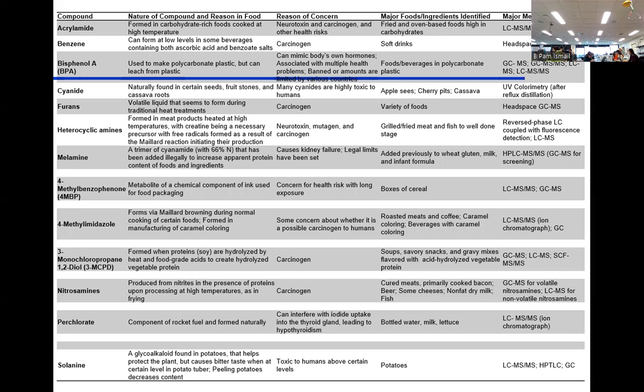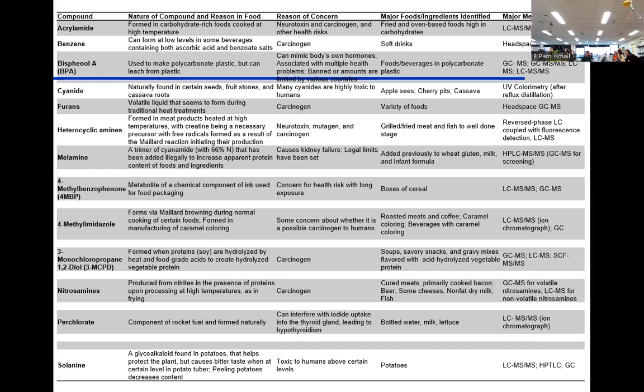One thing I didn't mention is heterocyclic amines. This has been recently, in the past 10 years or so, determined to be harmful. So don't overcook your meat. If you're having a cookout, don't eat burnt meat, because it will have a high amount of heterocyclic amines that are carcinogens, formed based on the protein, specifically creatine, and the Maillard reaction.